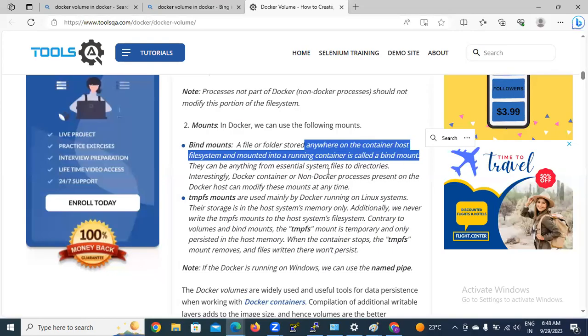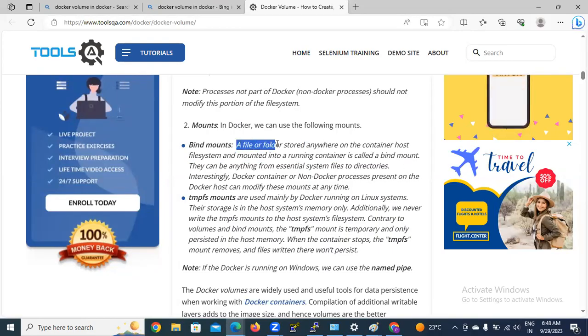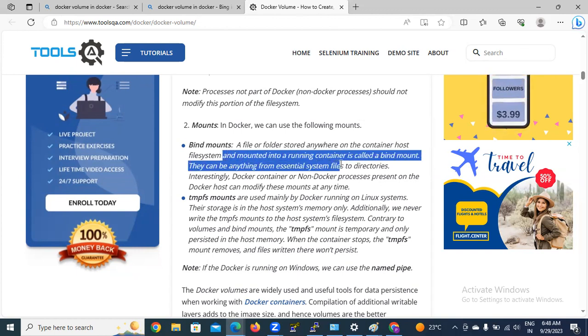Listen very carefully: a file or directory anywhere on the container host file system that is mounted into the running container is called a bind mount.